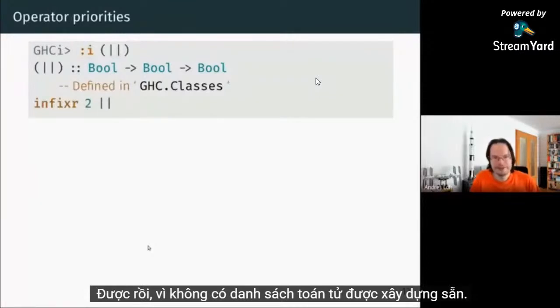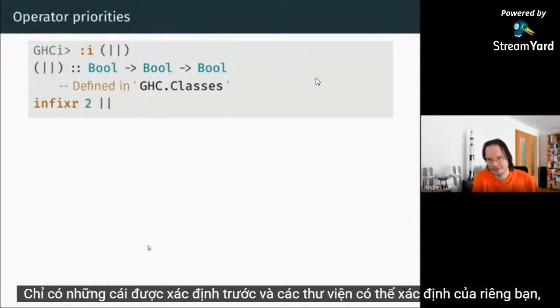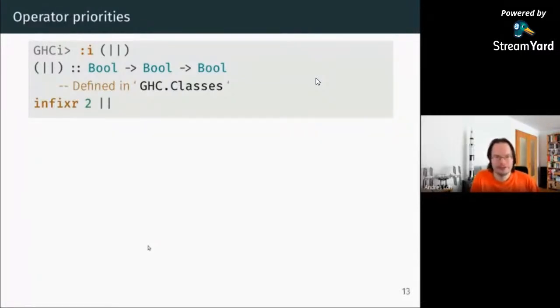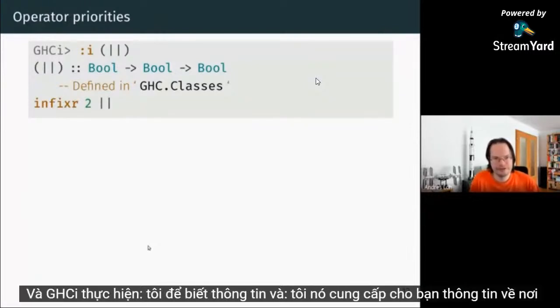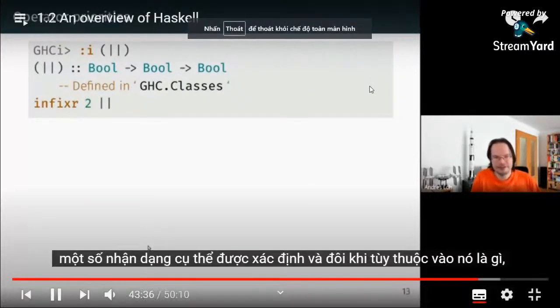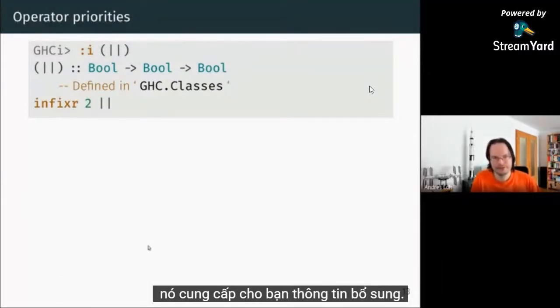Okay. Because there is no built-in list of operators, there are just predefined ones, and libraries can define their own, and you can define your own, there is another really useful command that is good to know about in GHCi, that is :i for info. And :i gives you information about where a particular identifier is defined, and sometimes, depending on what it is, it gives you additional information about that identifier.